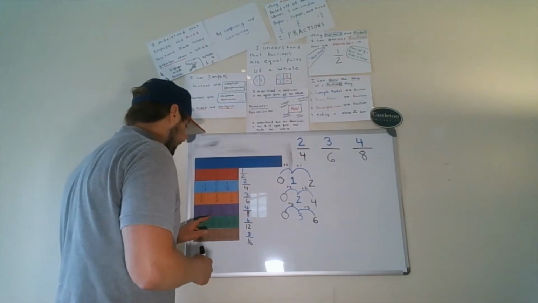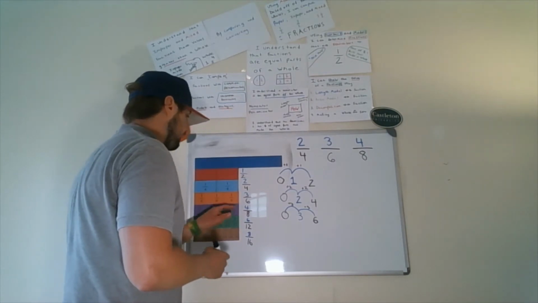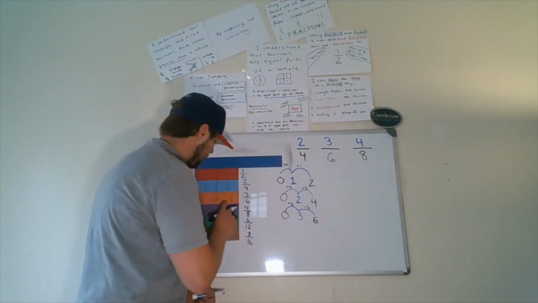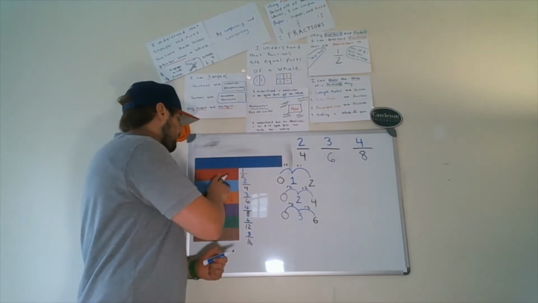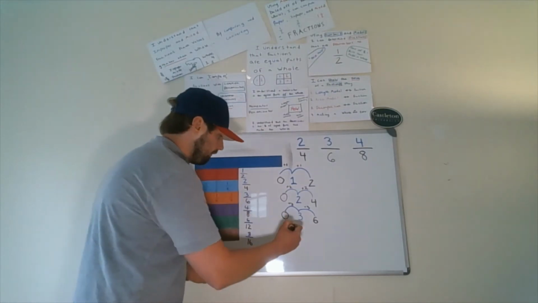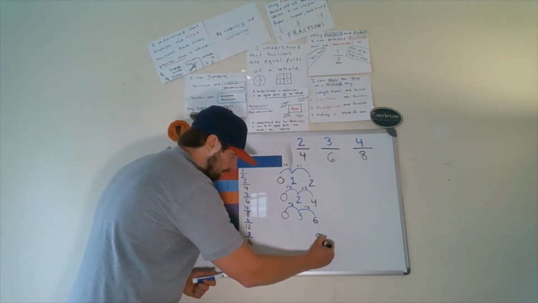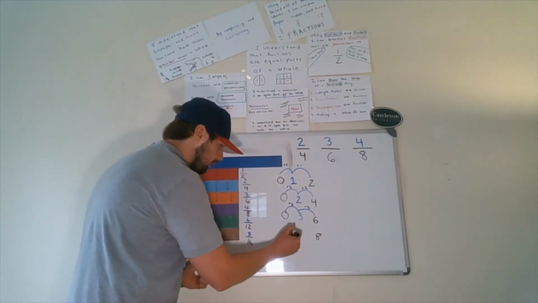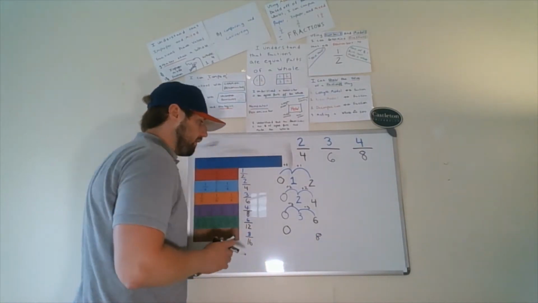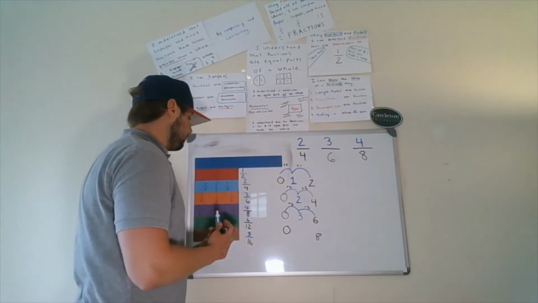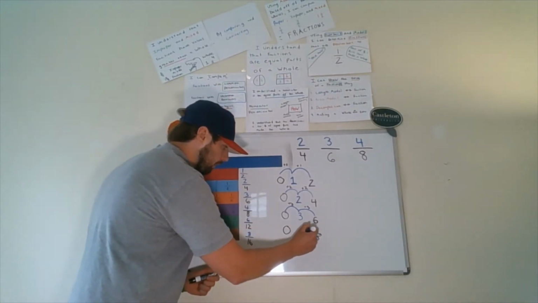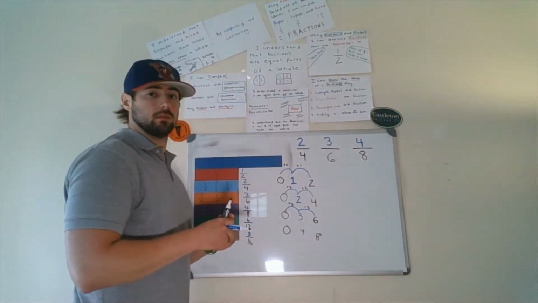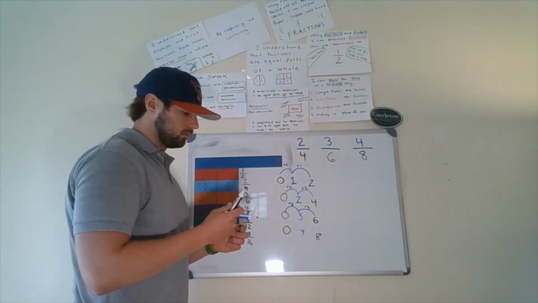Let's take a look at 4/8. We know 4/8 is also equivalent to 1/2. I know 8 parts make the whole. We always start with nothing. And we're talking about 4 parts of that whole.